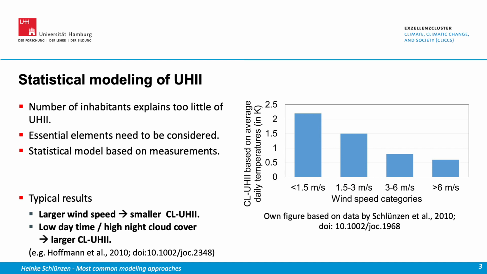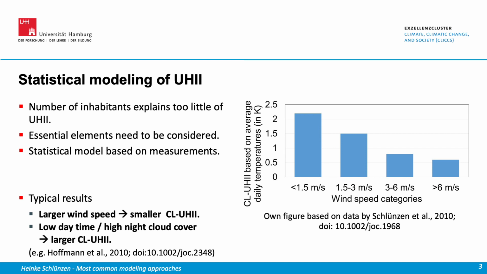In general, you should not only investigate wind speed, but all the different parameters, like temperature relation. There might also be a relation to humidity or to day or nighttime cloud cover. All these should be investigated. Then you will find a general relation: the larger the wind speed, the smaller the urban heat island intensity.